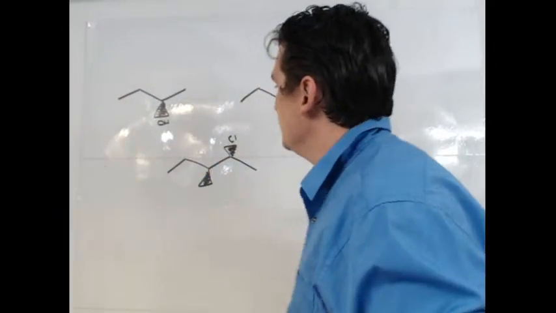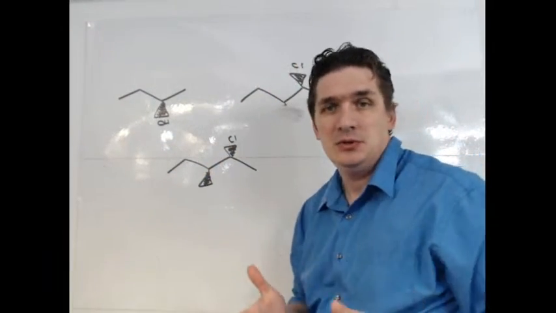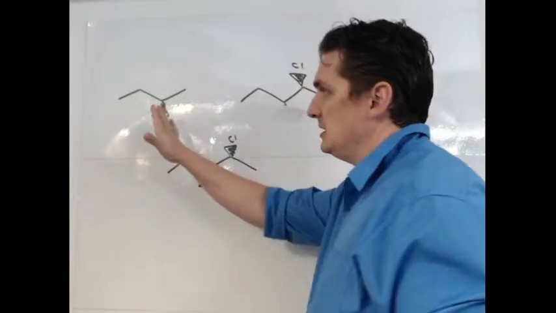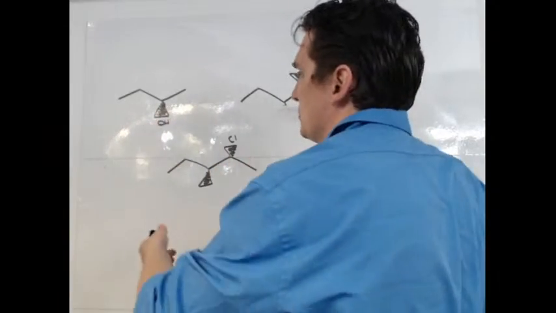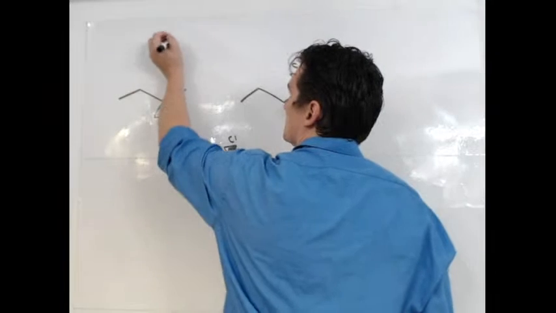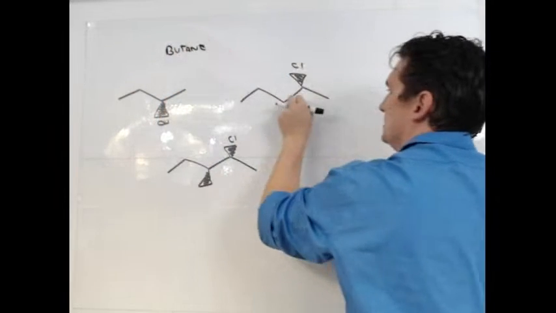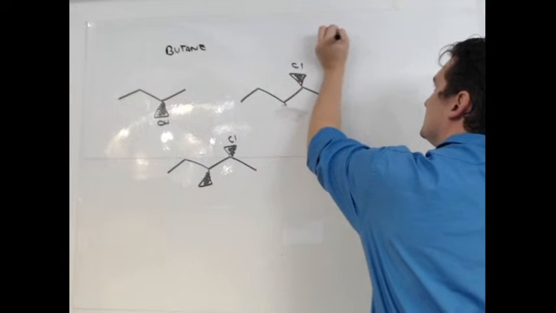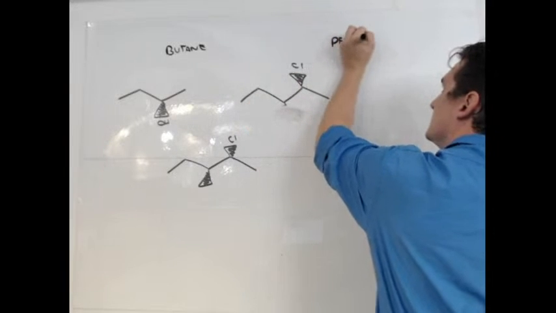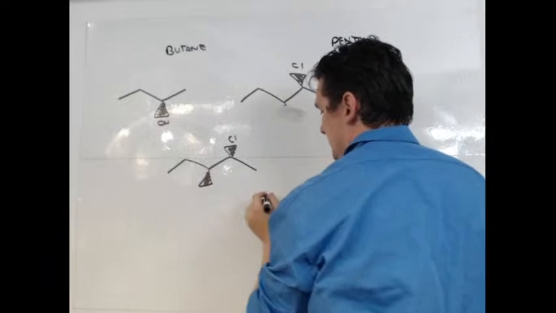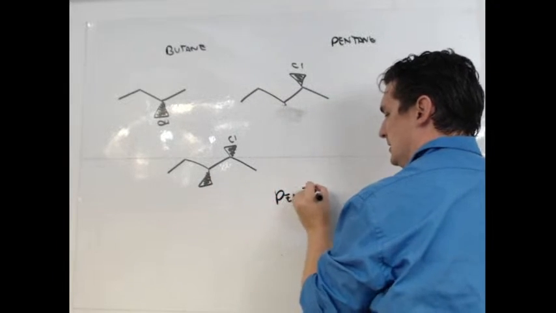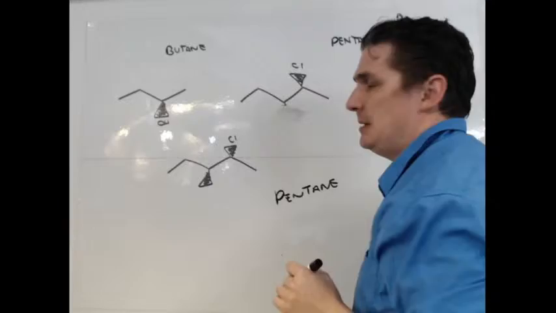So for R and S, this is kind of the last thing you would do when you name any compound. With naming any compound, you always start as you normally would. So for this one, we have butane for the parent chain, and down here pentane. Name your carbon positions.